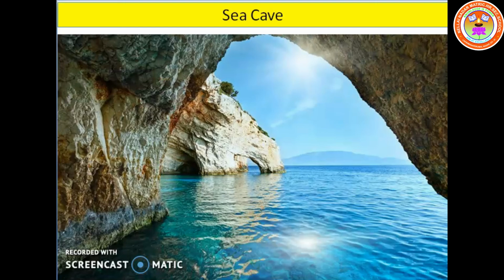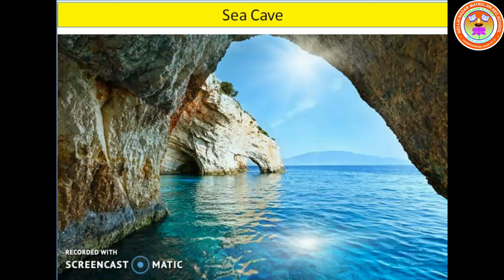Prolonged wave attack on the base of the cliff erodes the rock materials, which results in the formation of sea caves. Because the base of the cliff erodes the rock material, it forms the sea caves.